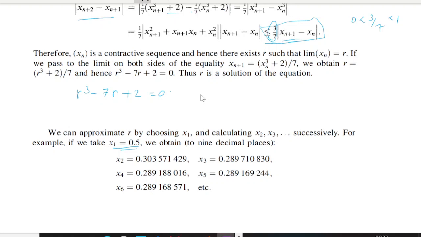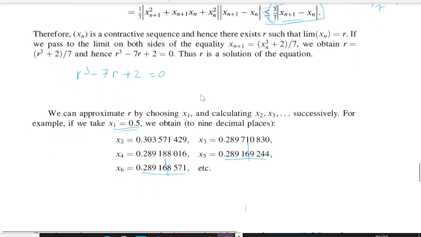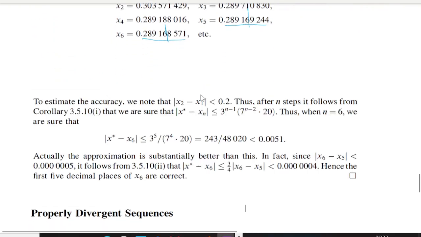See here, when you write x5 and x6, what is the difference? Up to the sixth place it is the same, right? Now 0.0000001 something is coming. So the difference is very small. At such a stage, we will stop the procedure.